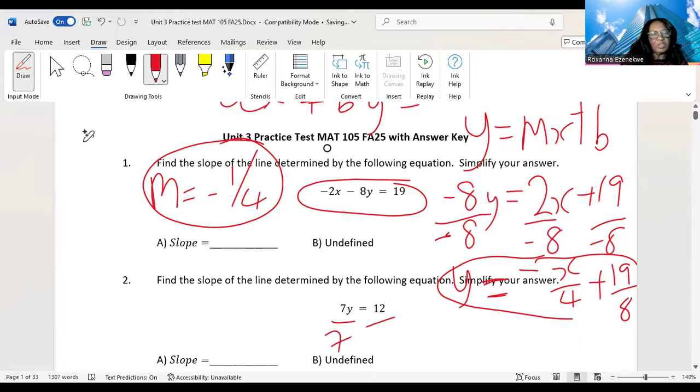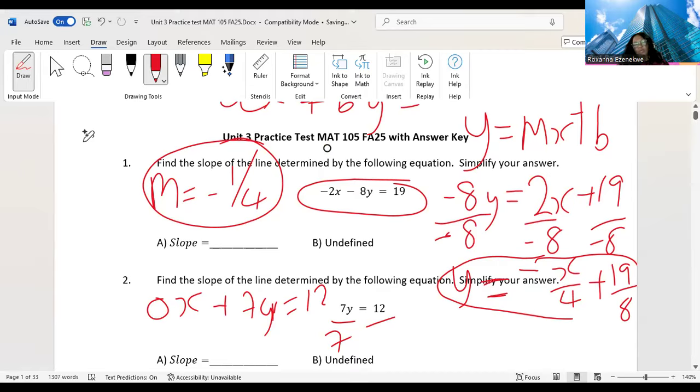Well, first of all, to standard form. So I have 0x plus 7y is equal to 12. So 0x plus 7y is equal to 12 is the standard form of this equation. In other words, the slope is 0.